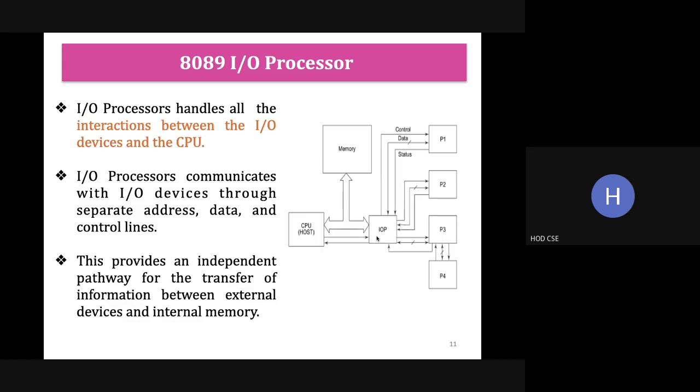The IO processor will see the memory table and it will execute the task. I hope you got it. All the tasks to be performed by the IO processor will be loaded in this memory table. The IO processor will see that memory table, get the task, and complete it.